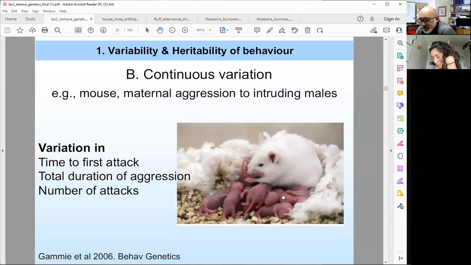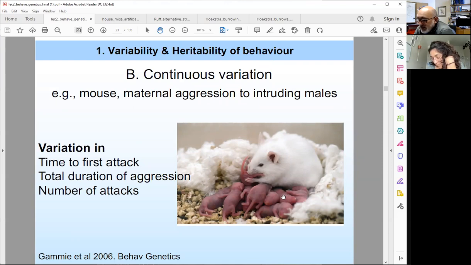There's another set of experiments that looks at aggression in mice. We can look at maternal aggression to intruding males. Females are obviously very protective of their offspring, and they will engage in aggressive behavior towards males that approach their nest.